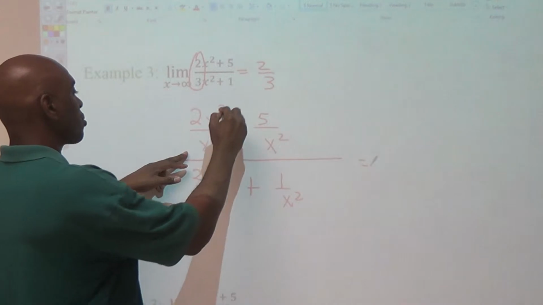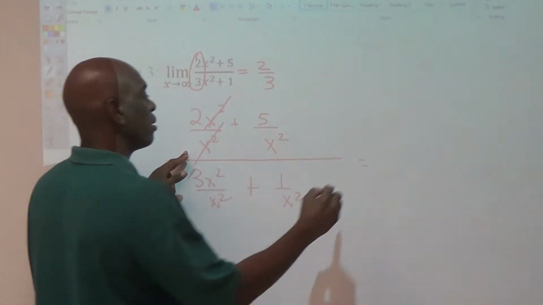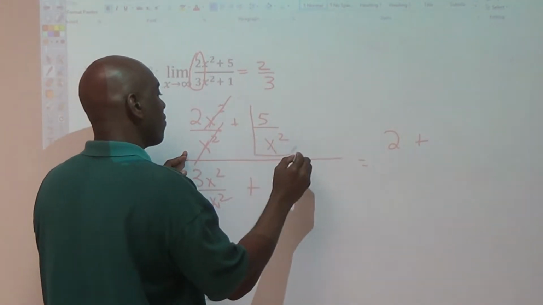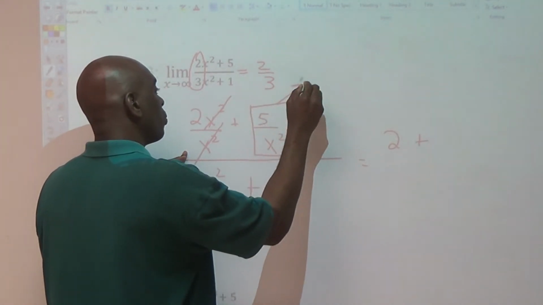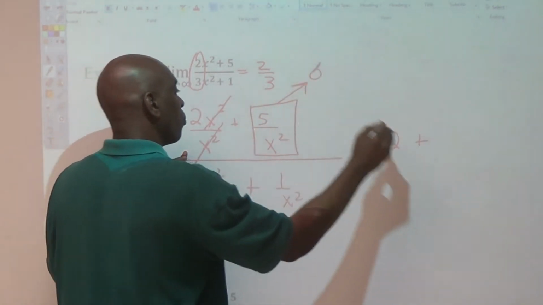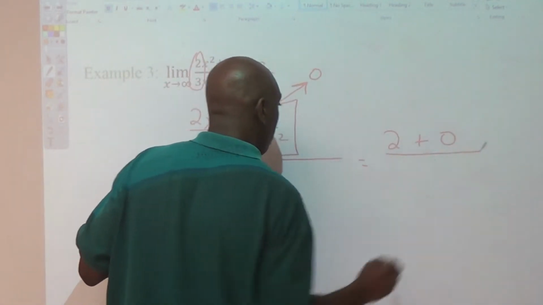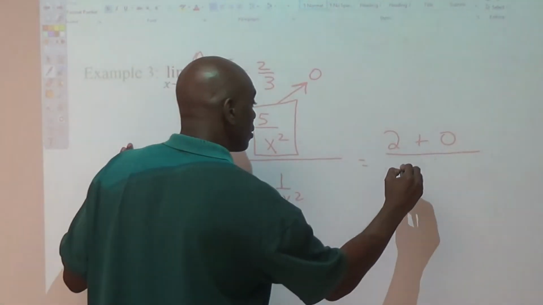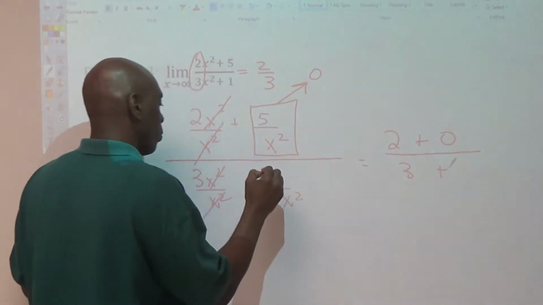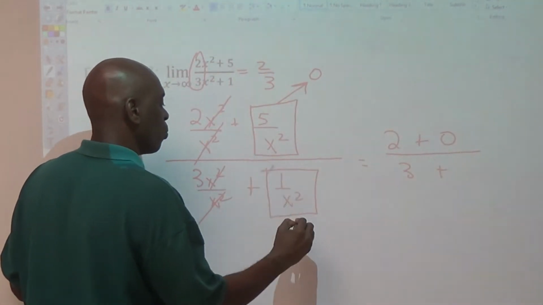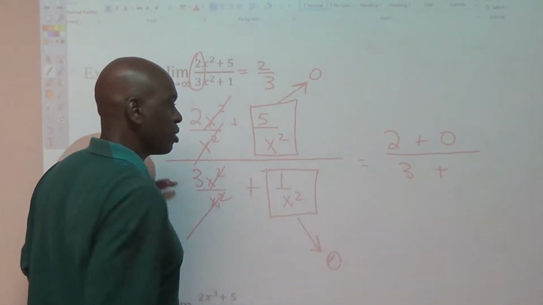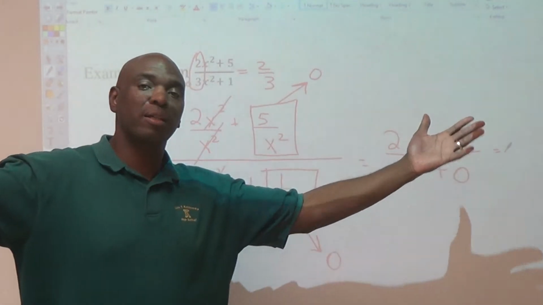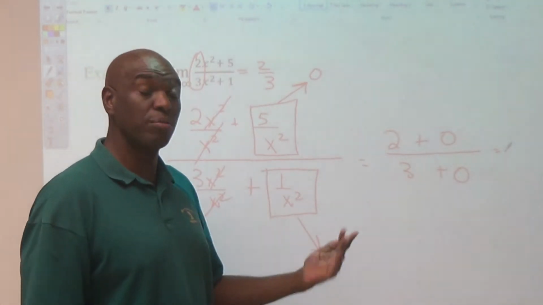Well, the x squares cancel out, go to 1. So I have 2 plus, where does 5 over x squared go? That goes to what? Good, 0. The x squares cancel here. I have 3, plus, where does 1 over x squared go? 0. Ta-da! Answer, 2/3.